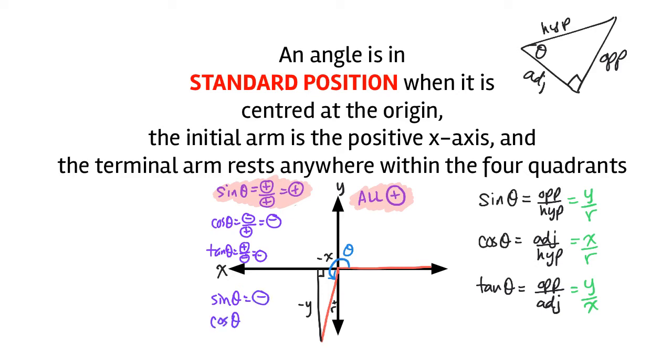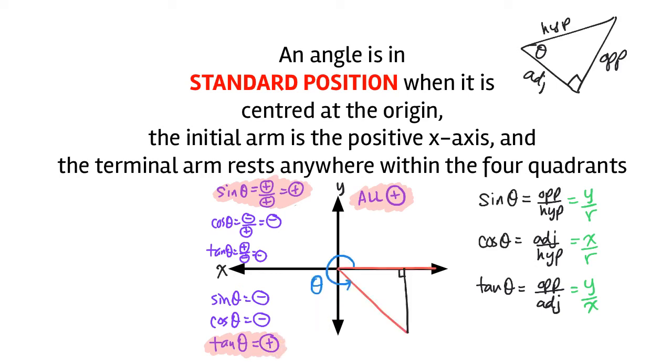Cos is also going to be negative here because it has a negative value for x over positive value for radius, which is overall negative. But tan, because it has two negatives, the negative y and the negative x, we get an overall positive value, right? Because negative y divided by negative x will give me a positive value. So in that quadrant, tan is the only positive value, so it's kind of special.